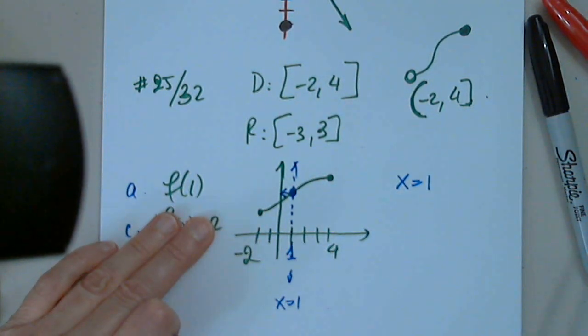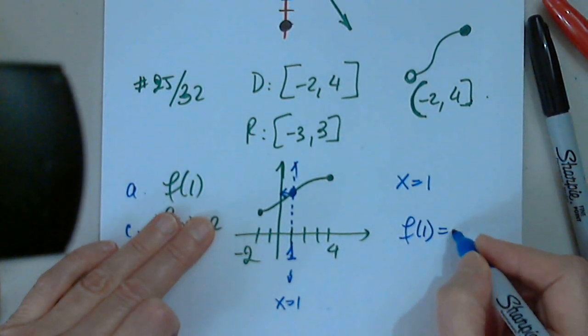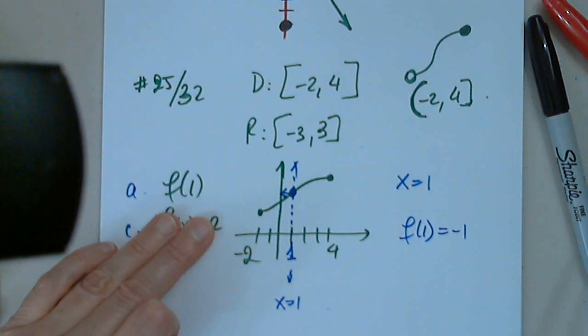Who would like to help with f of 1? Is it -1? It is -1. Awesome. Do we all agree with f of 1 being -1? Yes. Any questions?